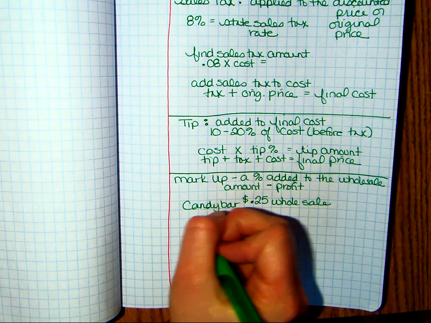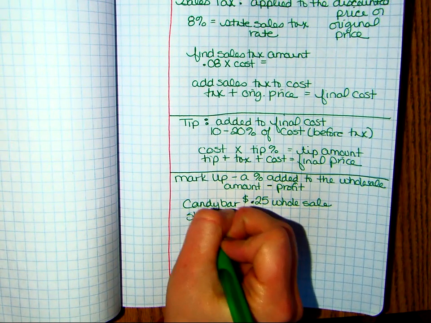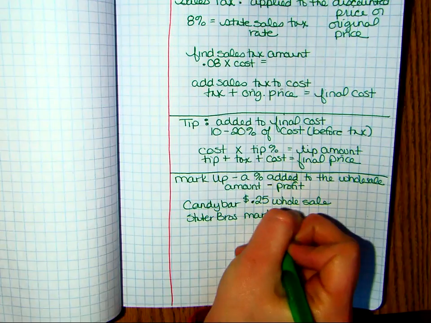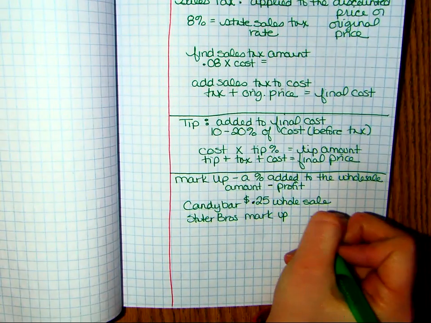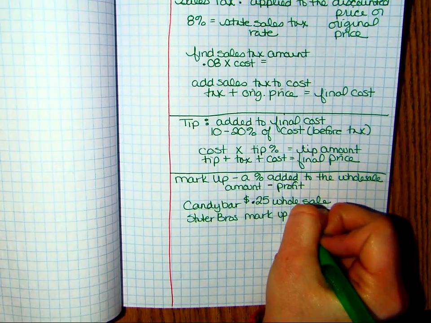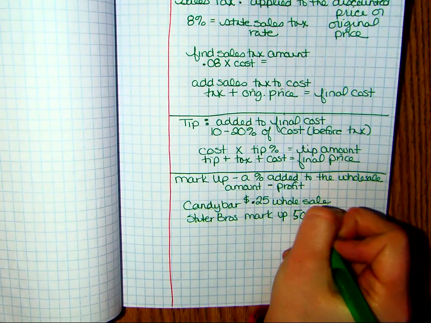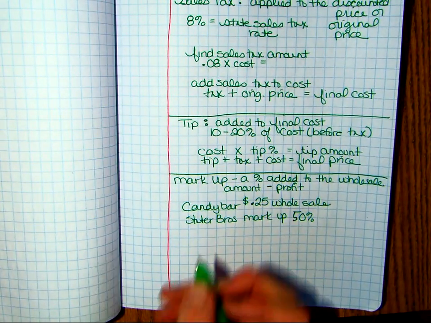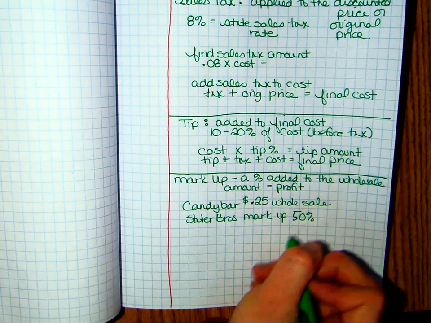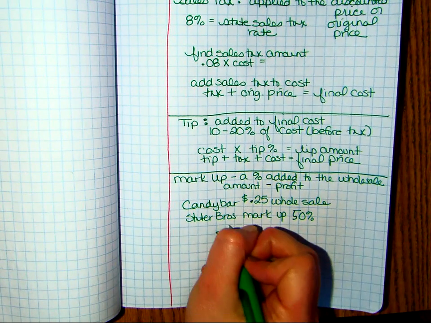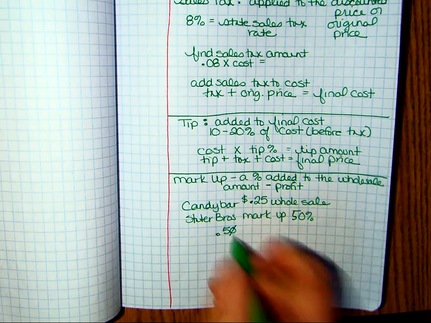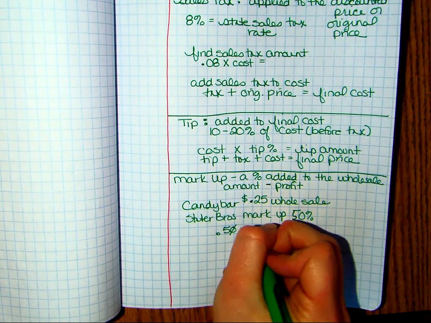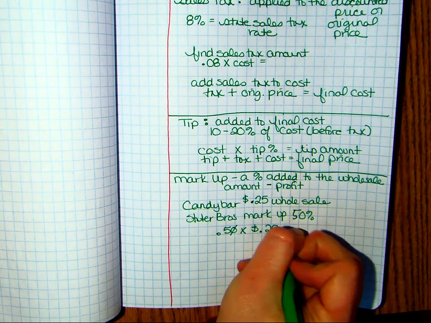So then let's say that Stater Brothers is going to mark up the candy bar, and they're going to mark it up 50%. So what you would do is say, okay, 50%, move that decimal, you're going to have 0.50, times the cost of the candy bar, which would be 25 cents.